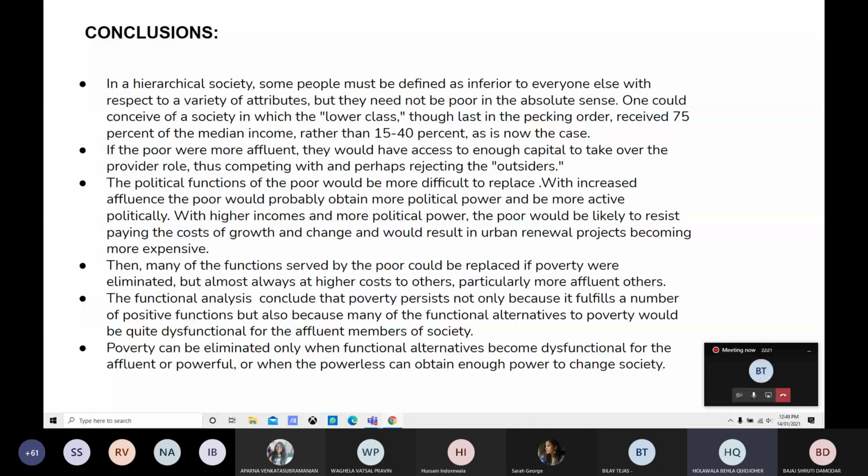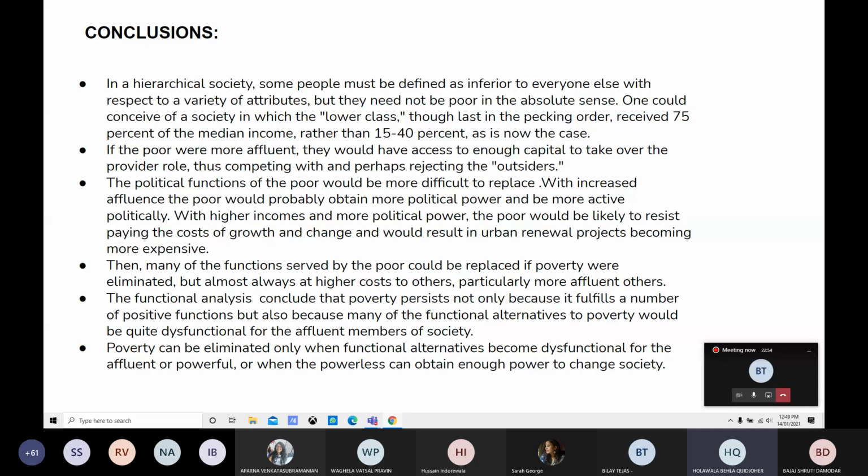But if the poor became more affluent, they would have access to enough capital, and they might take over the provider's role instead of the consumer's role. Also, if poor people became richer, they would become politically more active, and it would be difficult to replace them, and they would be likely to resist paying for growth, change and development in the society.